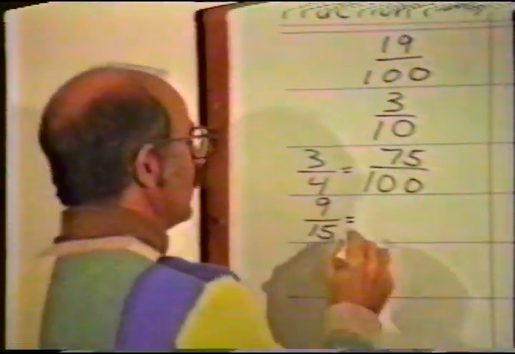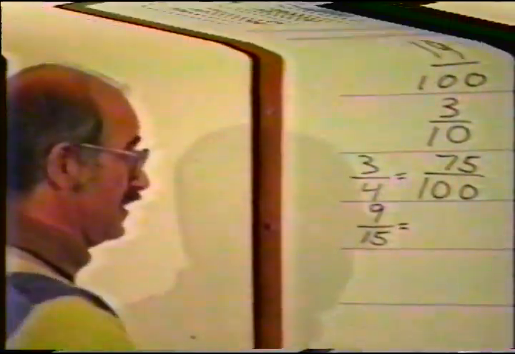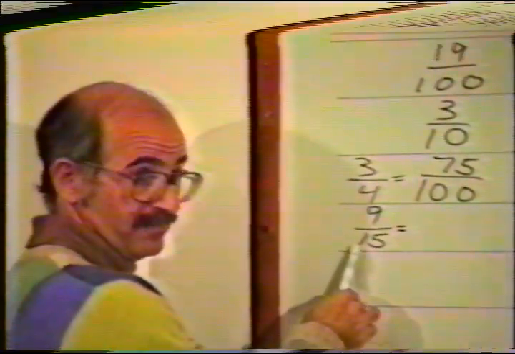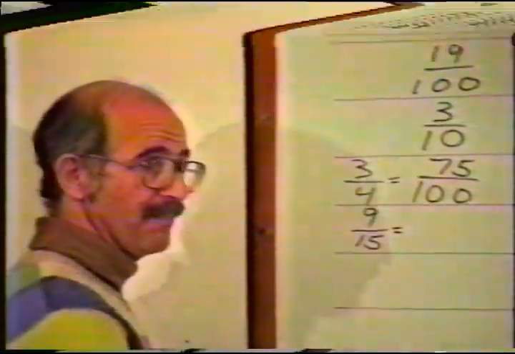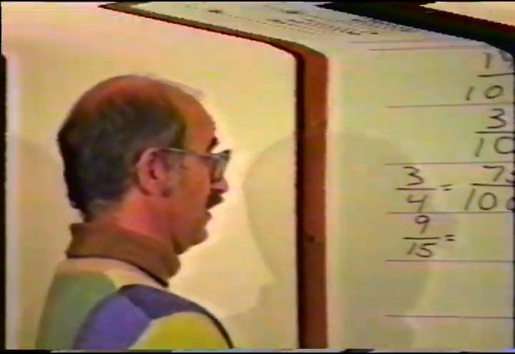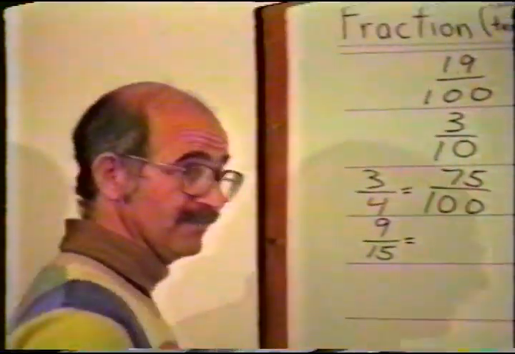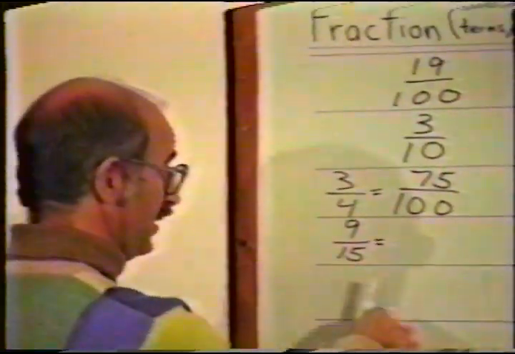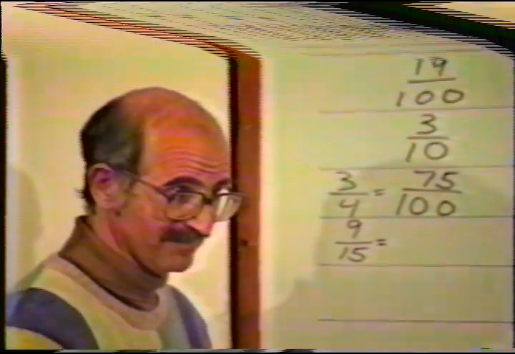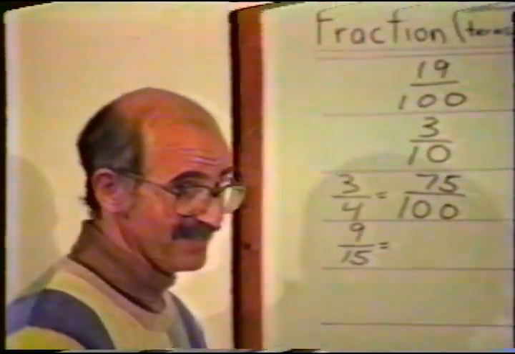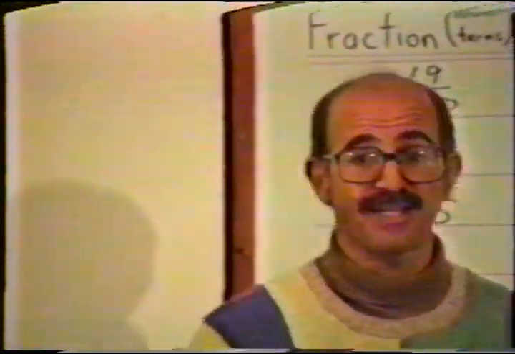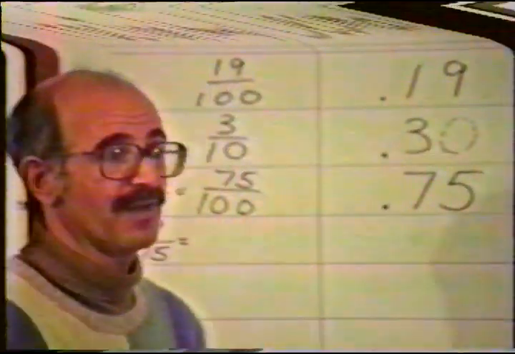The next one is the fraction 9/15. Do I have 10 or 100 on the bottom? No. Can I make it 10 or 100? Does 15 go evenly into 10? No. Does 15 go evenly into 100? No, it doesn't. So I cannot make it 10 or 100.